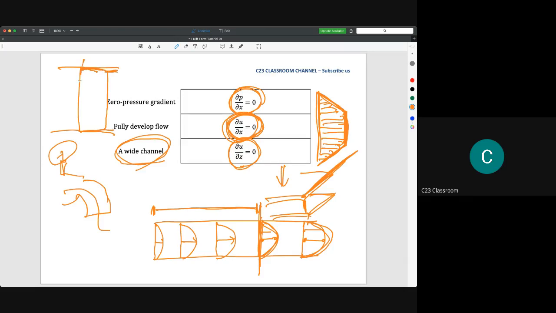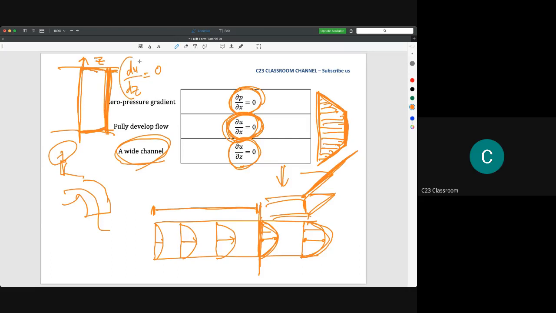So dalam keadaan ini, contohnya ini adalah paksi Z, kita bolehlah beranggapan bahawa du dz sama juga dengan kosong. Kerana jarak di mana had laju berubah-ubah ini terlalu kecil, menyebabkan kita boleh nampak bahawa sebenarnya had laju adalah constant sahaja.